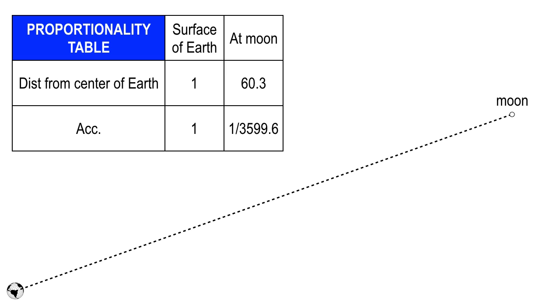So if the acceleration is measured as 1g, then the acceleration of the moon on its almost perfectly circular orbit is 1/3599.6. That's pretty darn close to 1/3600.